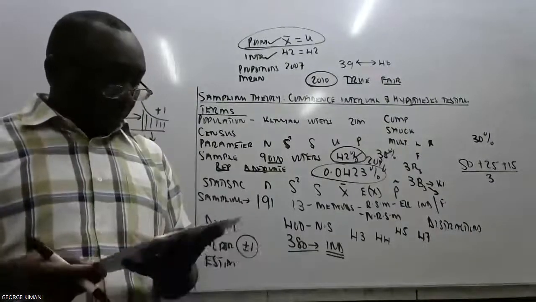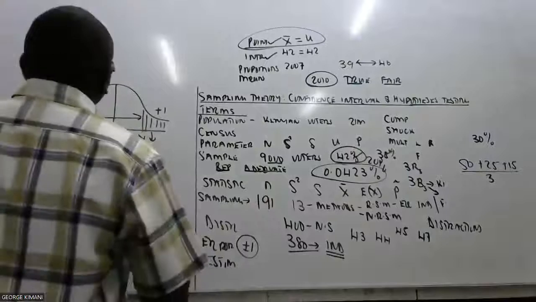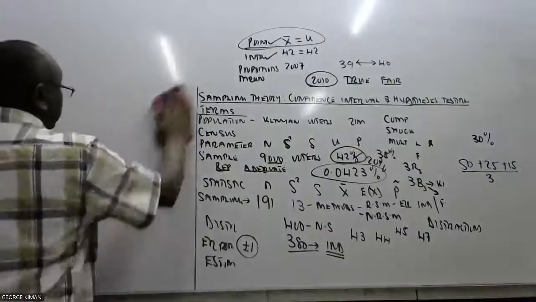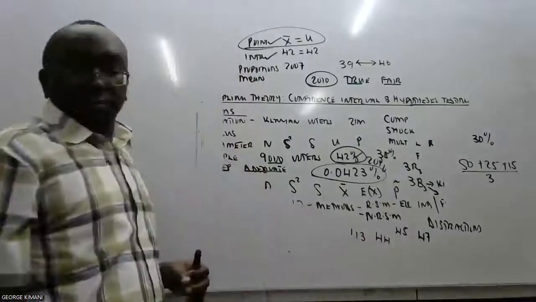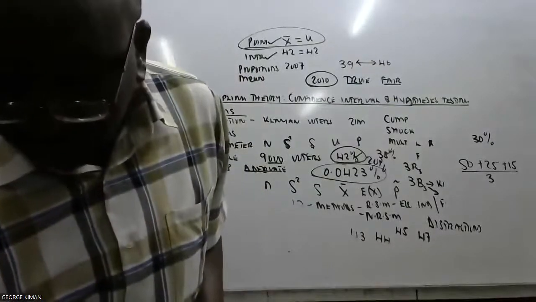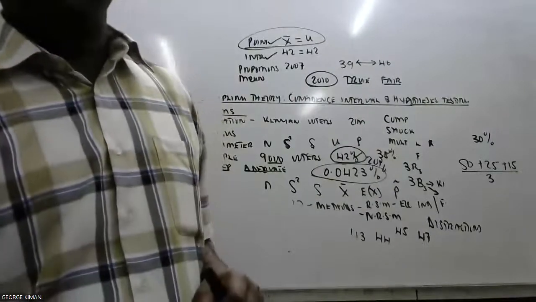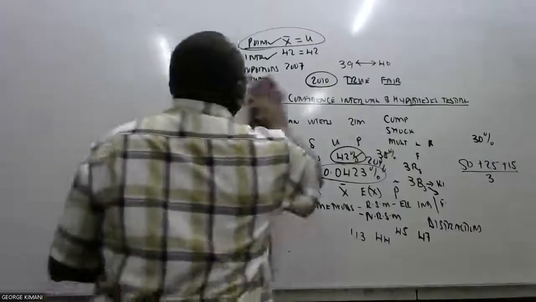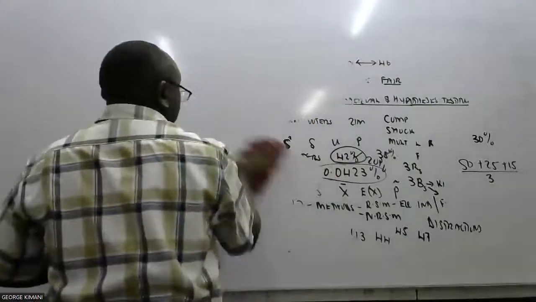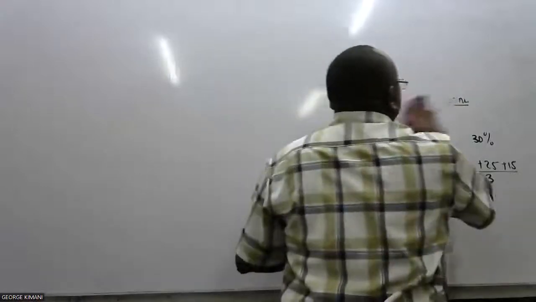So read for us question number 1.5. The one I gave you yesterday. An importer packs packets containing a nominal 25 grams.